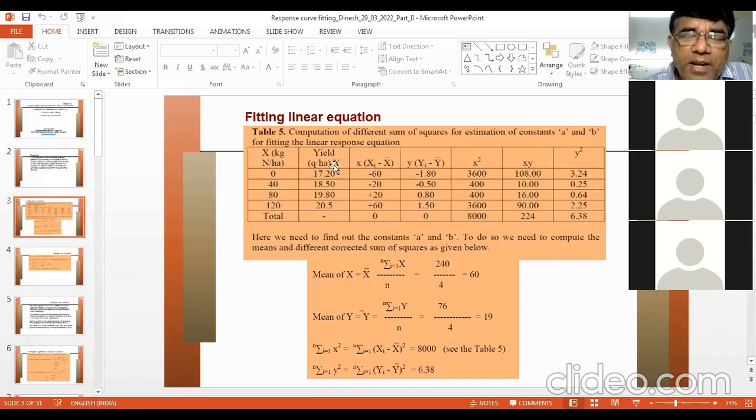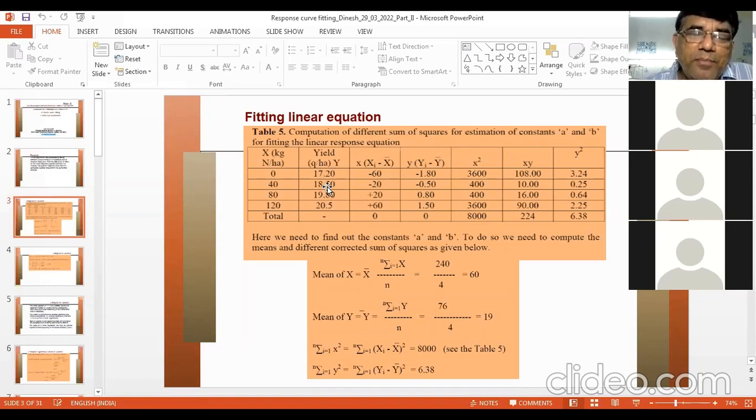And then dependent variable, mostly if you want to work out the economics or optimum dose of fertilizer, then you need to keep the yield of the economic part. So here, suppose grain yield, seed yield, tuber yield, fodder yield, whatever you have, you can put the yield here, the data related to yield of any crop.